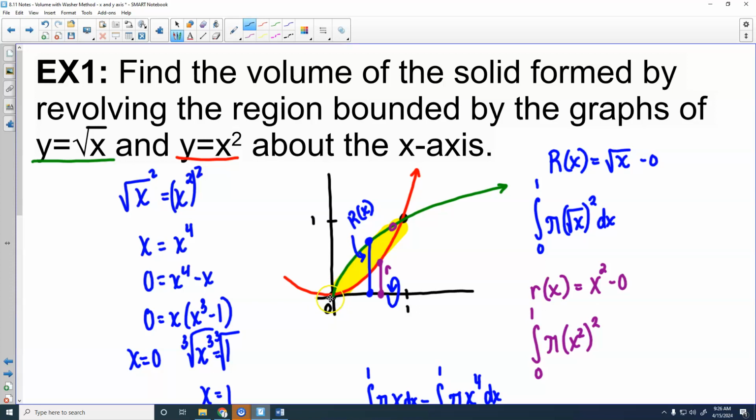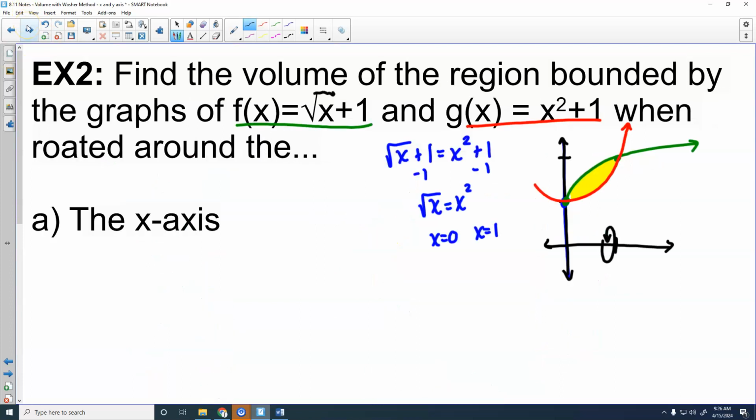It was connected right there at the very end, like a cup shape with a weird-shaped hole on the inside. This one is going to have a hole all the way through it, because right here you've got all of this space where you have nothing. So it's going to be much bigger and have a hole all the way through this.